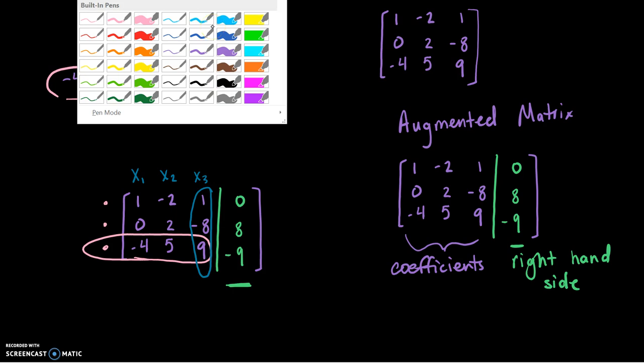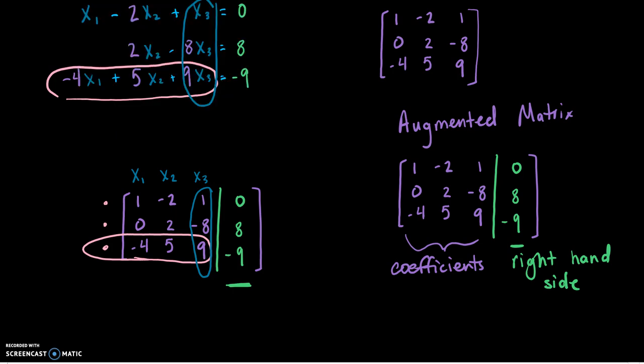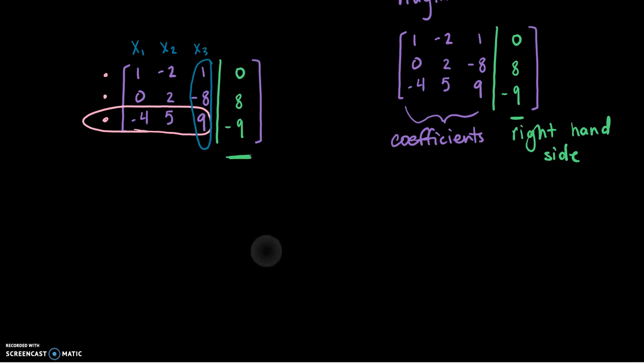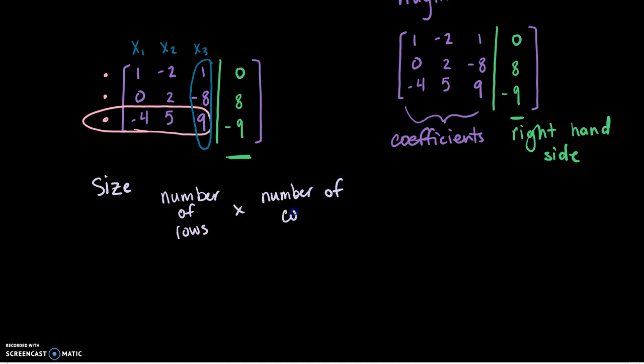The size of our matrix is the number of rows by the number of columns. Now, the convention in linear algebra, at least in our book, is that we denote the number of rows by m, and the number of columns by n.